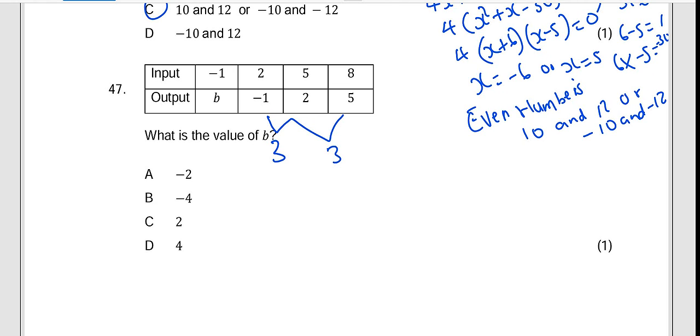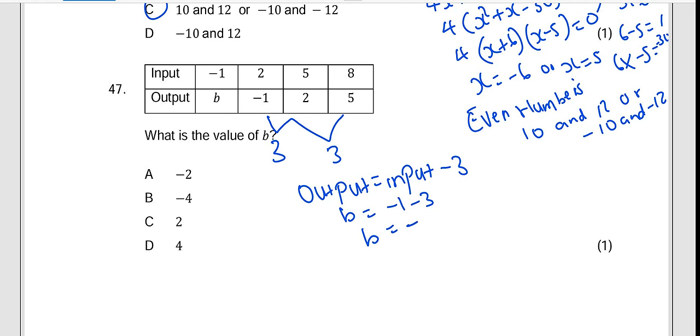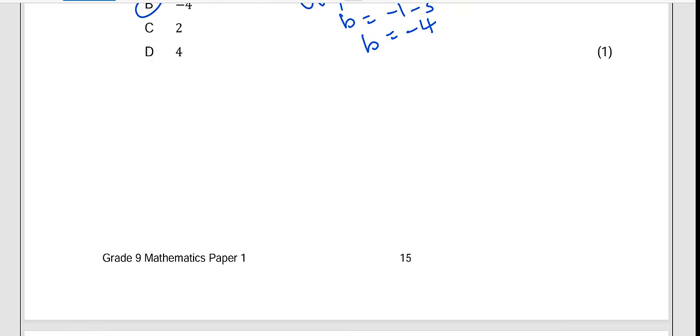Is 3. So I know that the output is going to be input minus what? Minus 3. Therefore, my output is B. Input is going to be -1 minus 3. And then B is going to be -4. The answer is option B.